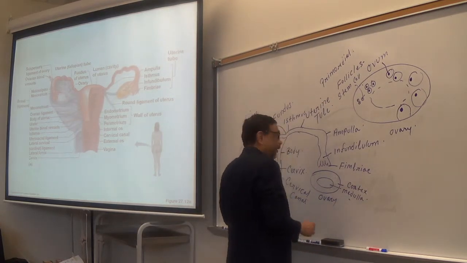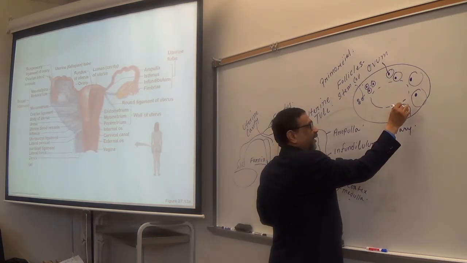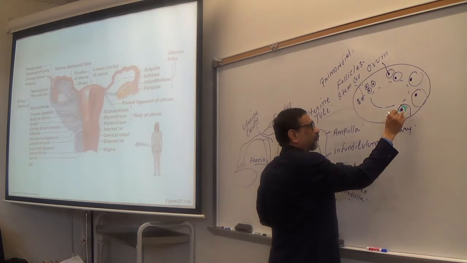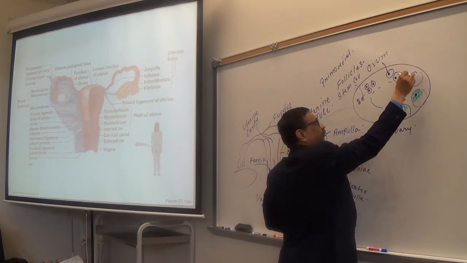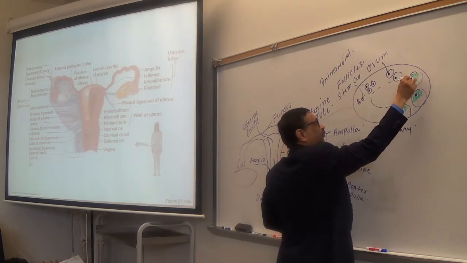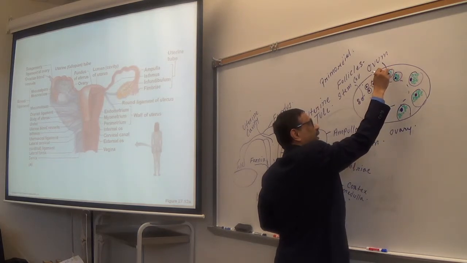And you have other cells around the egg. These cells are called granulosa cells.